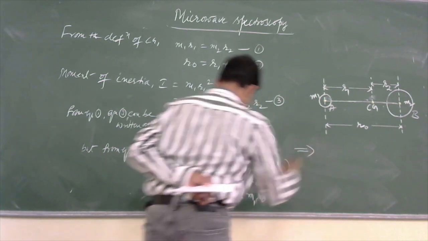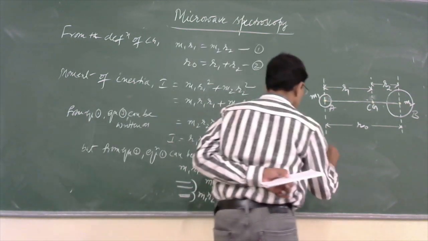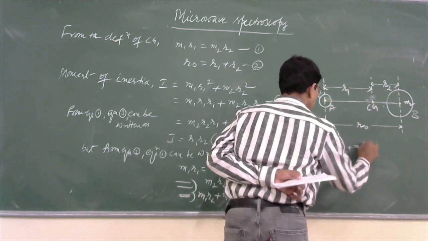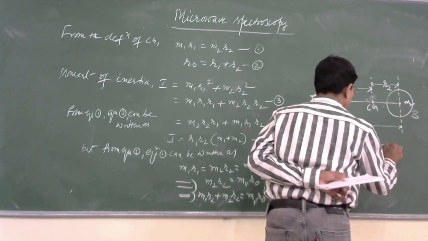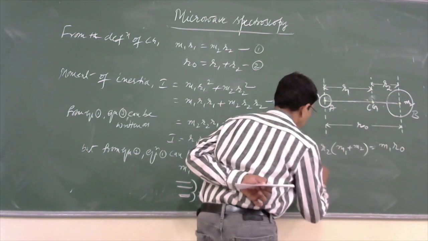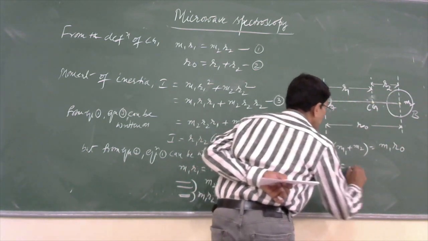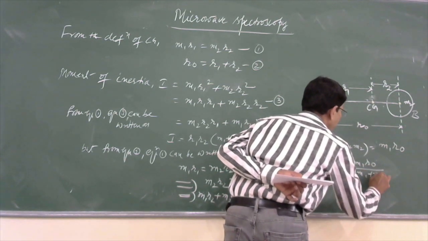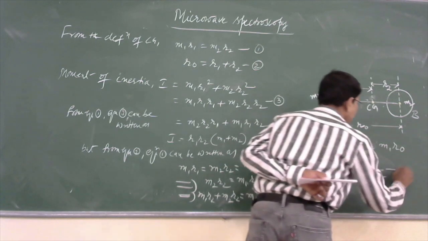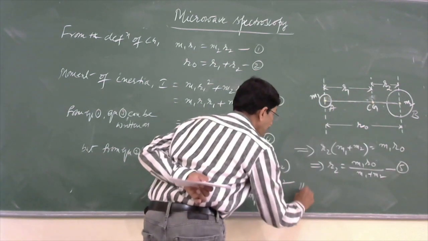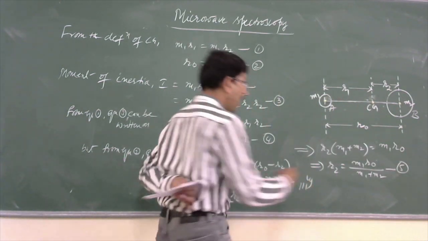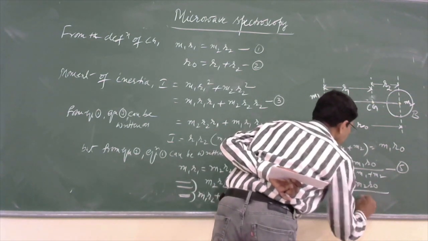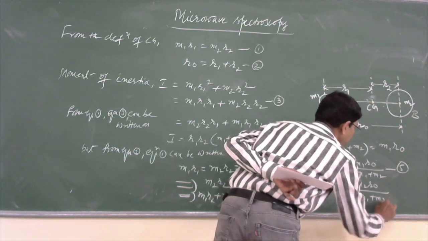R2 being common, R2 into M1 plus M2 is equal to M1 R0, or R2 is equal to M1 R0 divided by M1 plus M2. This is equation 5. Similarly, we can write the expression for R1 as M2 R0 divided by M1 plus M2.